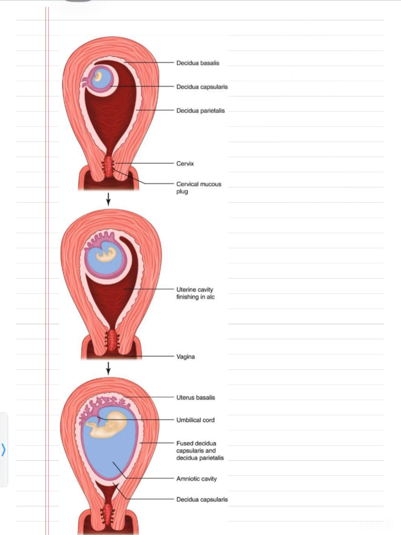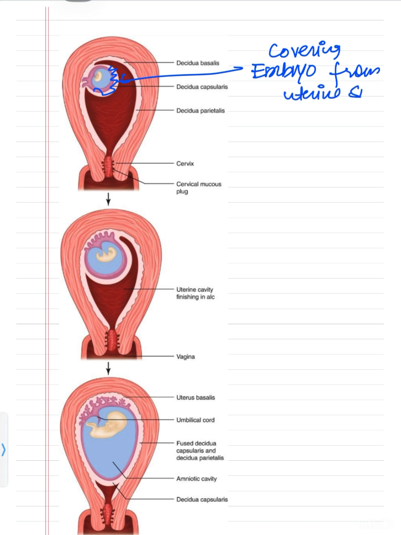Now the part of decidua which is covering the embryo from the uterine side is known as the decidua capsularis. In this diagram it is here. This is the decidua capsularis, which is covering the embryo from the uterine side.